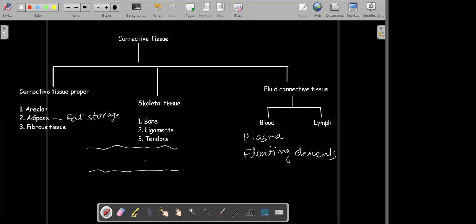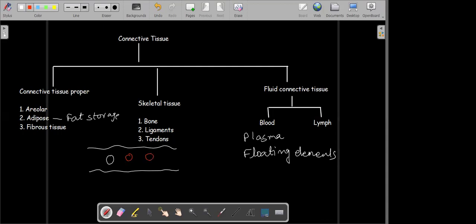Actually, plasma is slightly yellowish in color. So this is your plasma, and in this plasma you have some tiny floating elements which keep on floating in this. So what are those elements? Somewhere you have RBCs, somewhere you have WBCs.